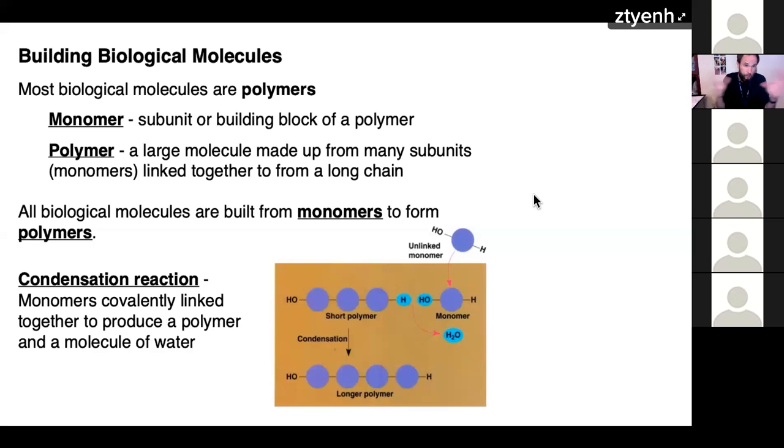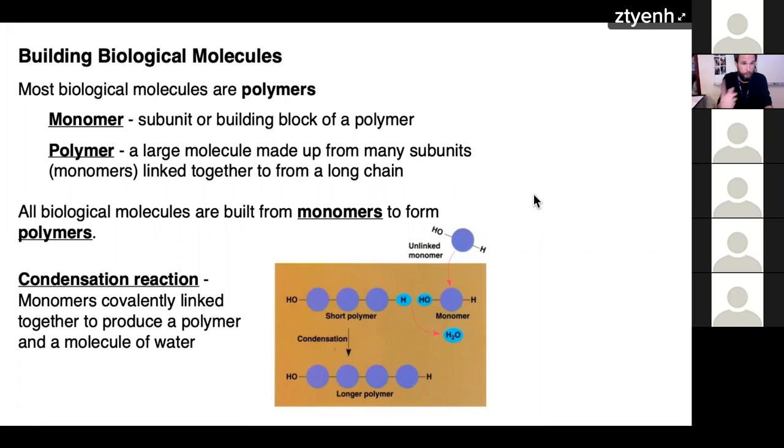If we only linked 2 monomers together, we'd really only have a dimer. If we linked 3 together, we'd have a trimer. If we linked 4 together, we'd have a tetramer, so on and so forth. But for a course like this, we can just call any molecule that is composed of 2 or more monomers a polymer, okay? Well, how do we assemble these polymers, whether they're short or long, from their monomeric constituents?